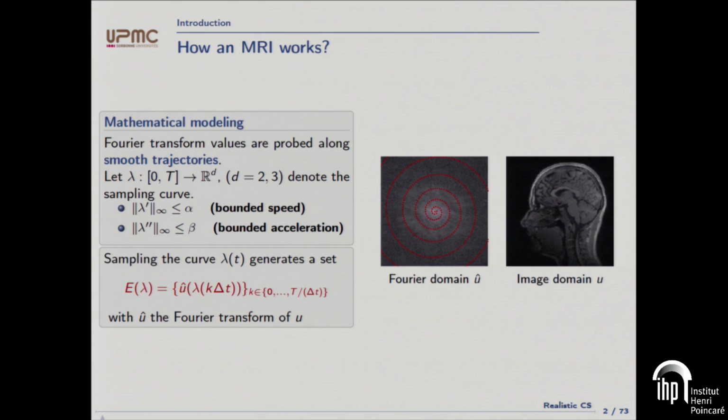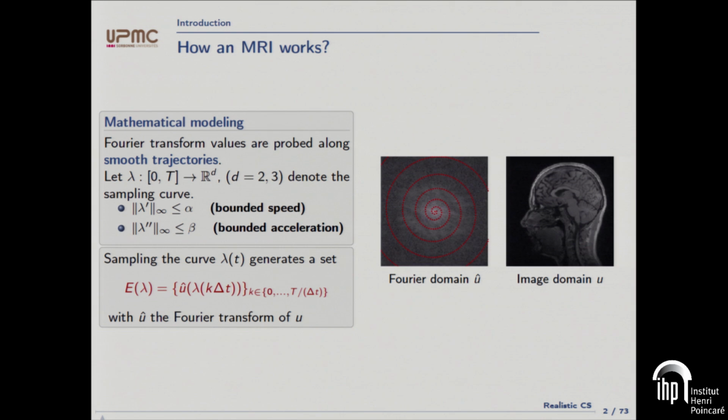But on the spiral, you won't take an infinite number of measurements. You will just have a subsample of measurements along this trajectory. So the question is now, if you sample at rate delta t on your spiral, you have access to a set of measurements that you can call E lambda, and E lambda is just the Fourier coefficients of the image u, so u hat, evaluated at the frequencies lambda(k delta t).